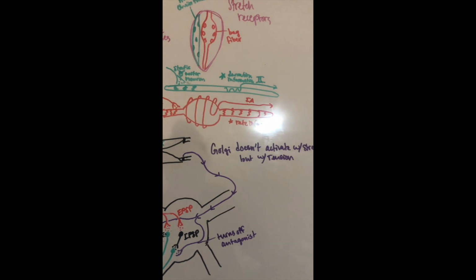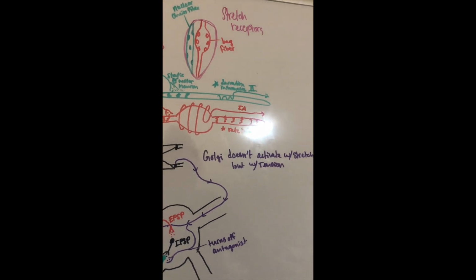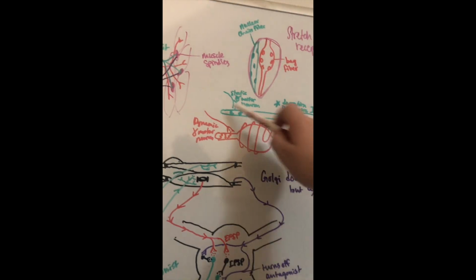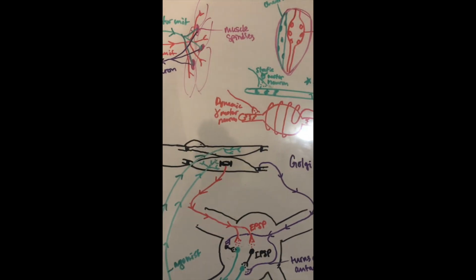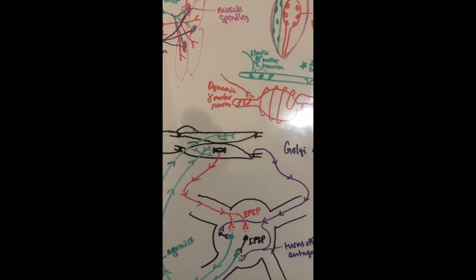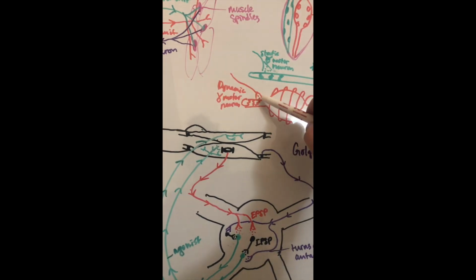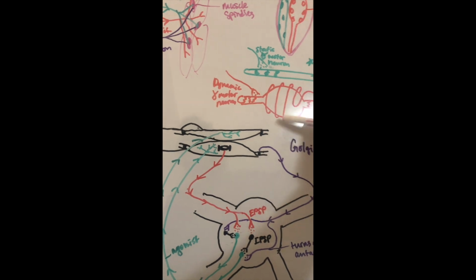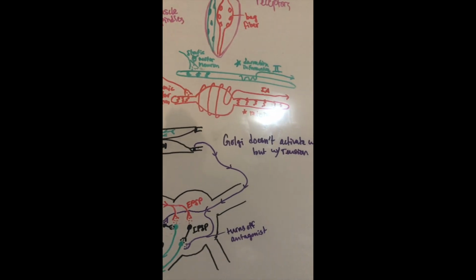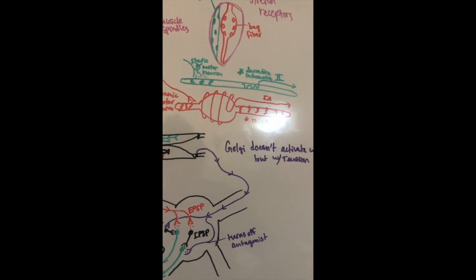And this has to do with duration information, and that's type 2. And then for our bag fiber, we have, instead of static, dynamic gamma motor neurons, and this signal gets thrown around the bag and then out as a type 1A, and this has to do with rate information.